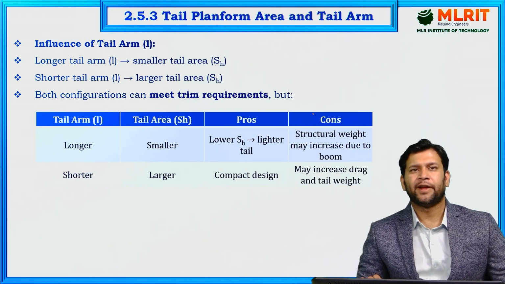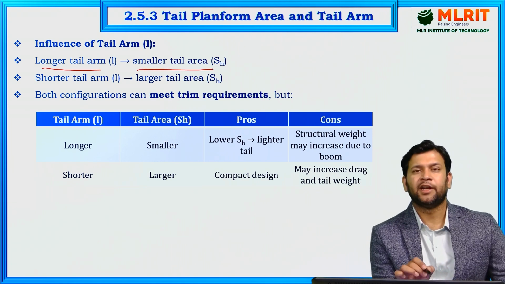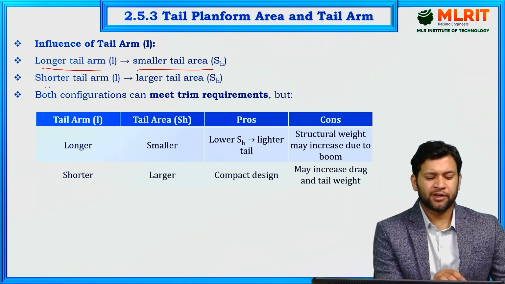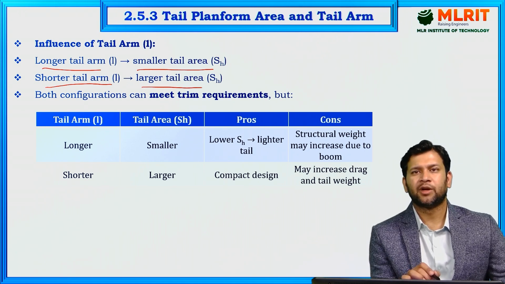The influence of tail arm: a longer tail arm will have a smaller tail area, and a shorter tail arm will have a larger tail area. Both configurations can meet trim requirements.